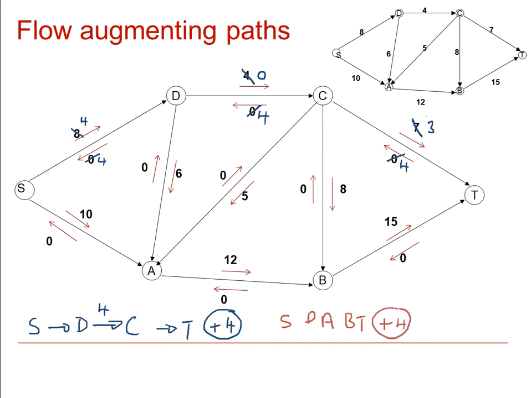We'll do that change. So the forward-facing arrows are going to go down to 0. The backward-facing ones go up to 8. That indicates that we've got a flow now of 8 in SD. And in fact, that is what we now call saturated, because this has become 0.